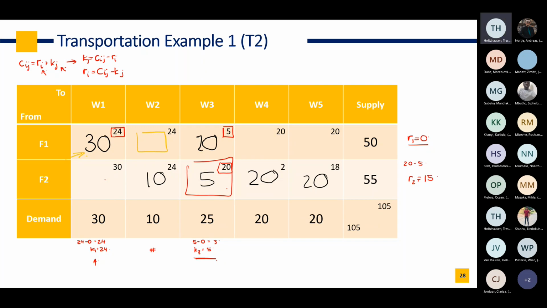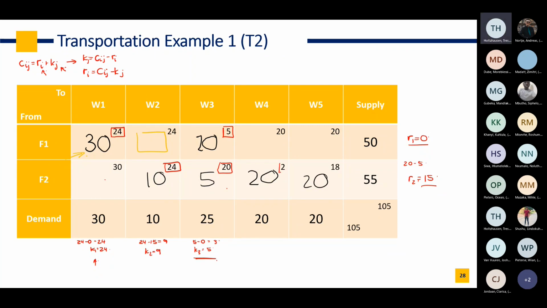Now that we have the R, we can go back and find the other K values. And again, we're just using the same process as before. So we'll have 24 minus 15, and that is going to give us 9. K2 is equal to 9.